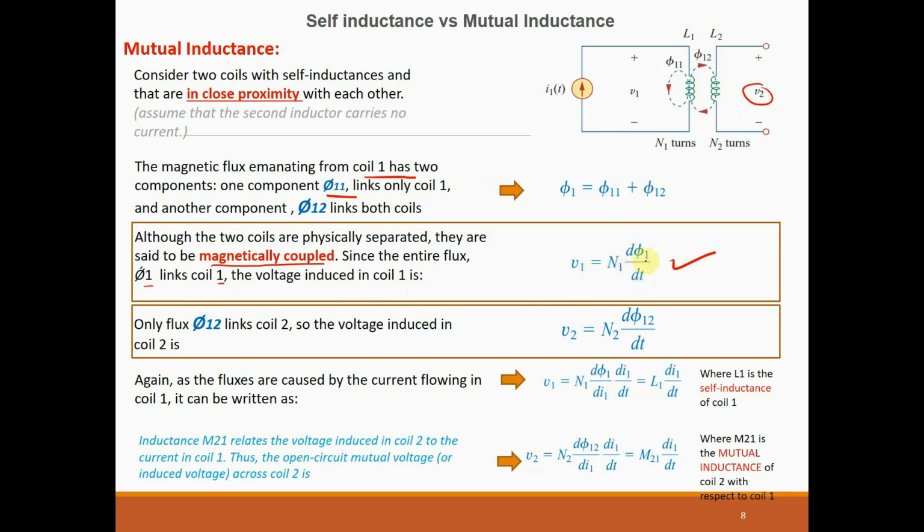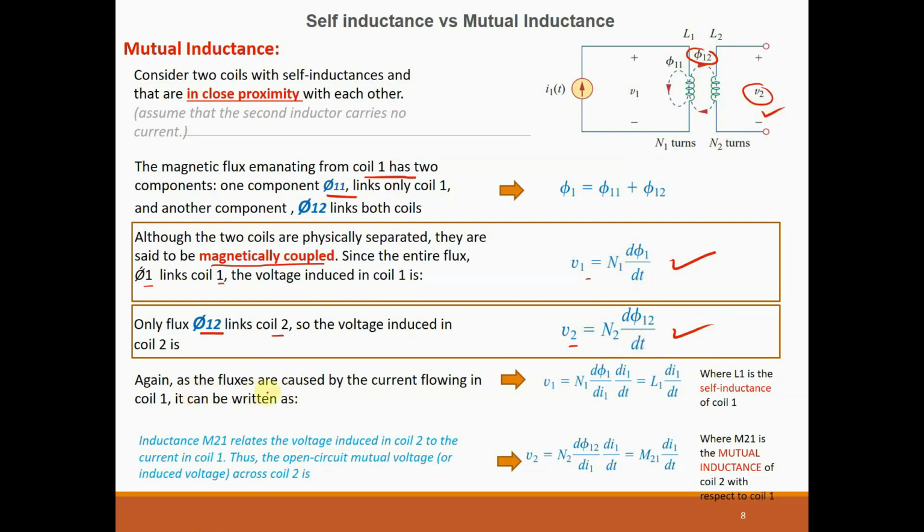This is v1. Now, only flux φ12 links coil 2, so that the voltage induced in coil 2 will be v2 equal to N2 dφ12 over dt, right? So this will be v2.